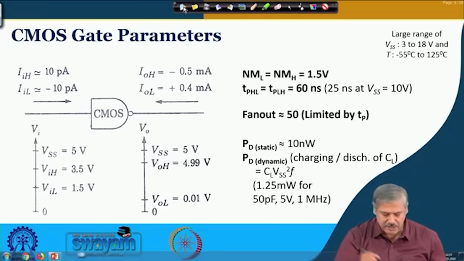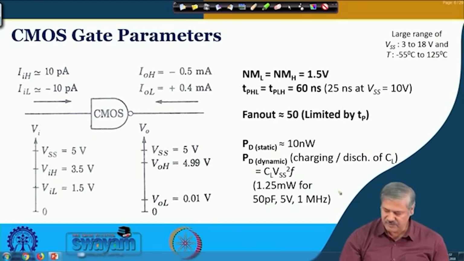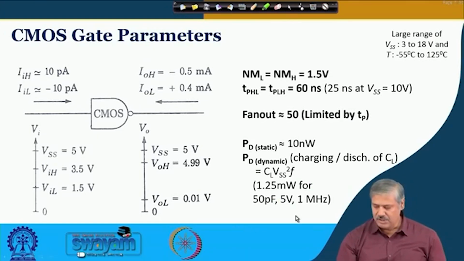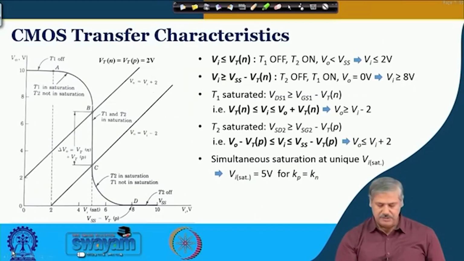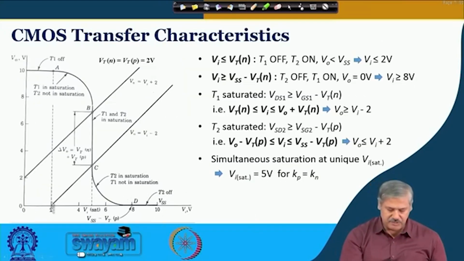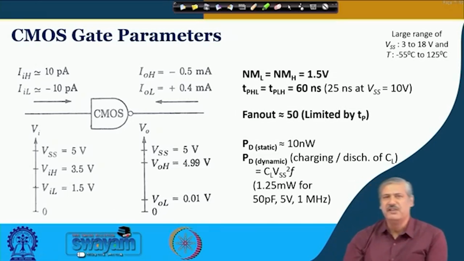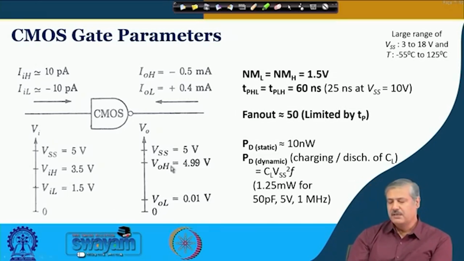If we go back, this is the corresponding VOH, for 10 volt it is almost 4.99 volt, and the corresponding value is 1.5 volt. So these are the different things you can compare from the previous diagram for different kinds of VSS and VT, which come from the manufacturer's specification.